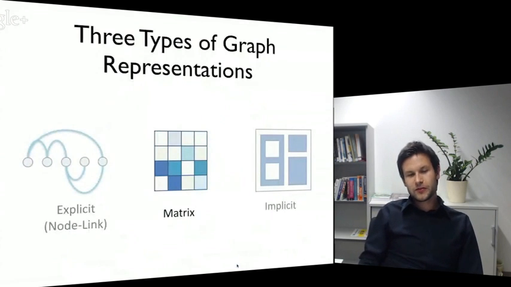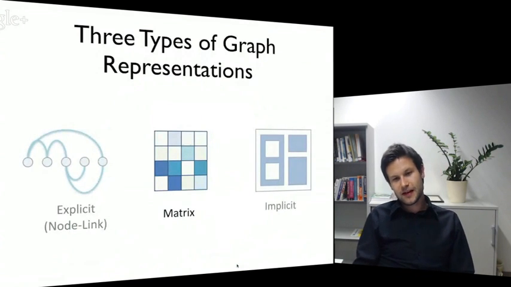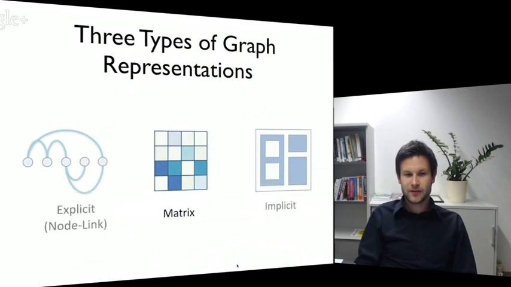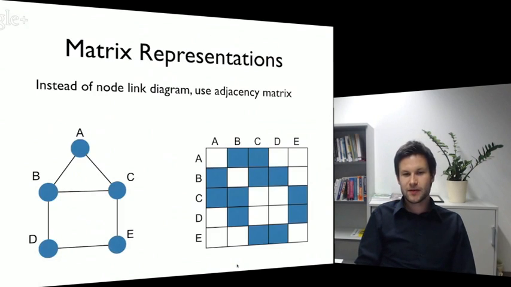Okay, let's move on to the second type, which is not that obvious. So as I said, node link diagrams are really intuitive. But you could also use a matrix representation to encode the same data. And instead of using this node link diagram, we use an adjacency matrix.